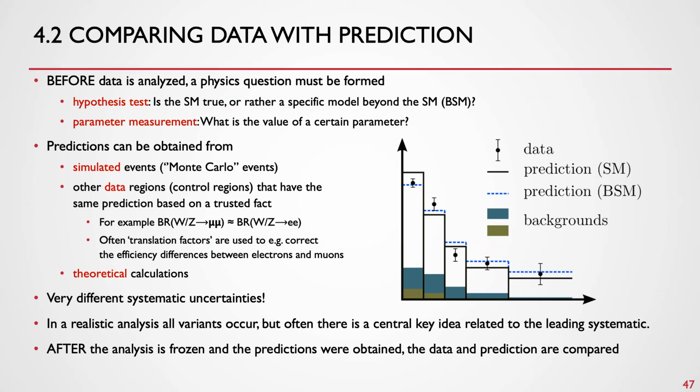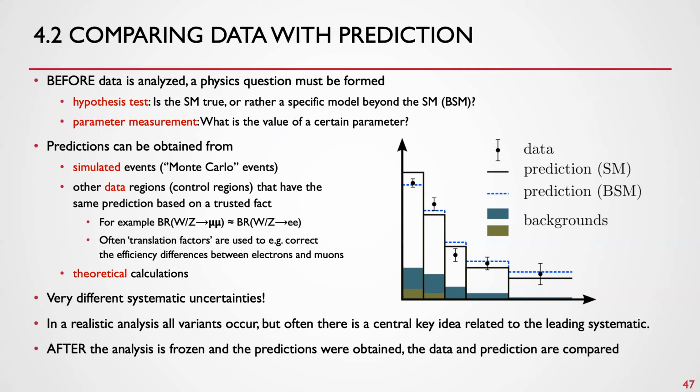And that interplay of understanding your systematics, designing the analysis such that it has a small impact, while all the time not looking at your signal region, only looking at the control regions that are not populated by your data.